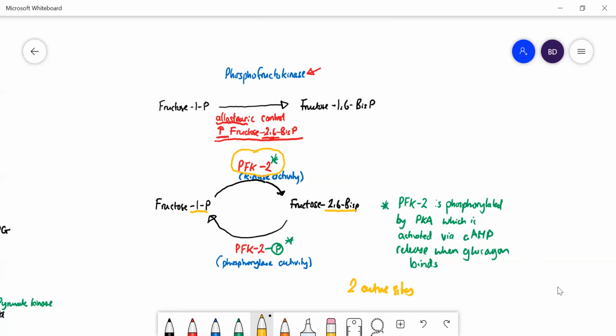One active site is the kinase activity. I've drawn that at the top there. That means it sticks a phosphate on to make fructose 2,6-bisphosphate. The other active site is this here, the phosphorylase activity. It cleaves off a phosphate group, the one on position number, sorry, that actually should be fructose 6-phosphate there, not fructose 1, fructose 6.